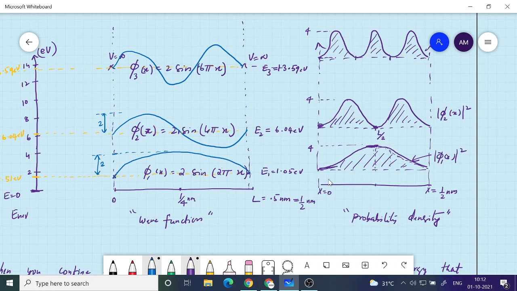When you look at an atom, you have different orbitals which are solutions of the Schrodinger equation, just like phi1, phi2 I have written here, but that will be a 3D solution. We call those solutions orbitals. Orbitals are nothing but the solutions of the Schrodinger equation for the atomic potential.